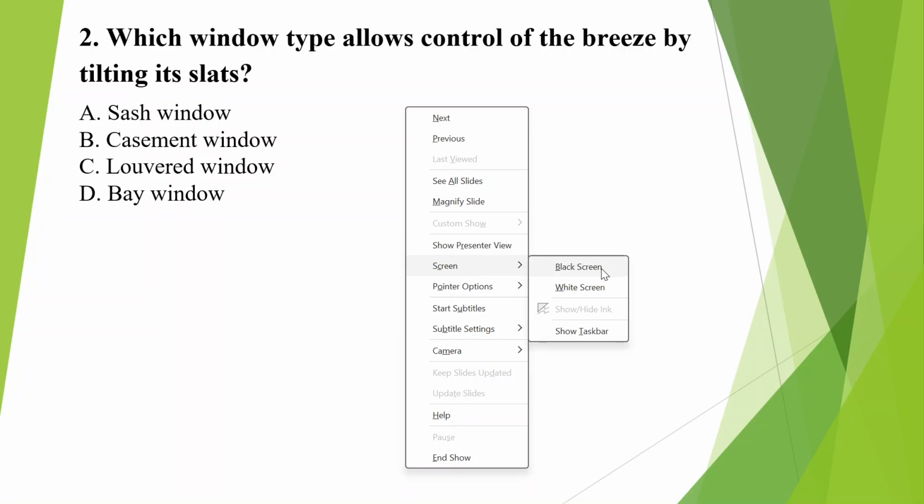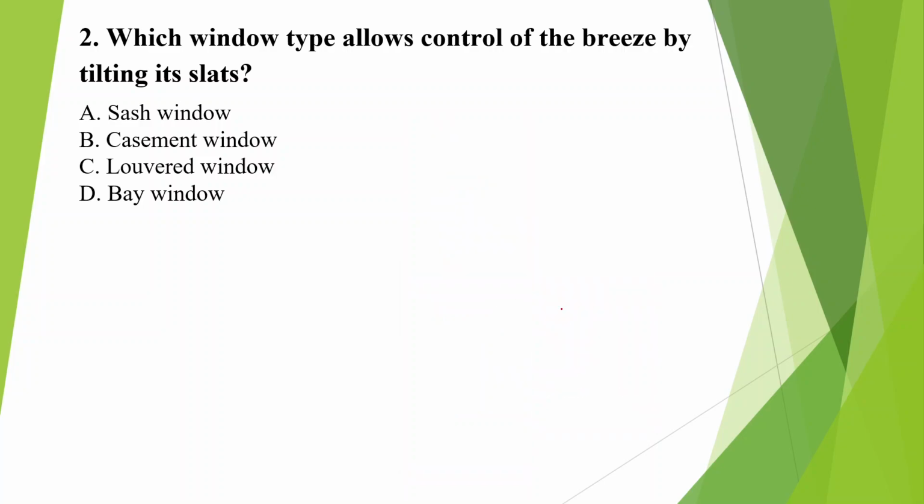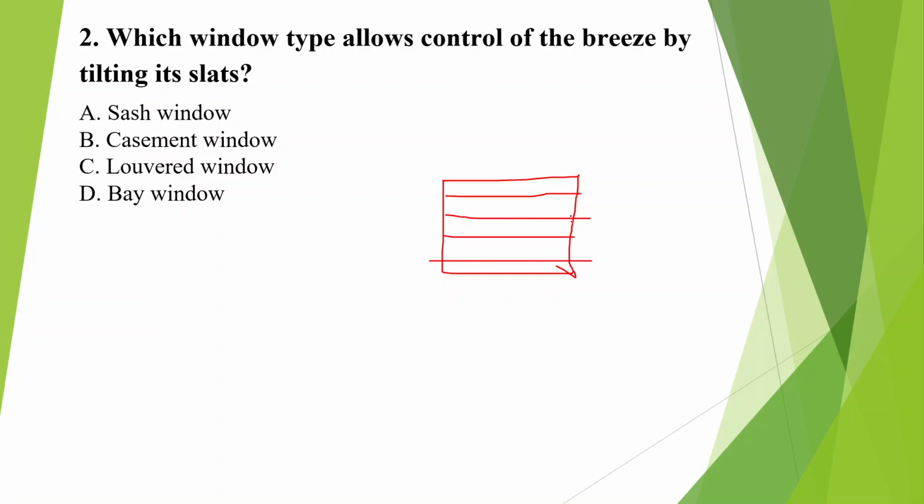Let me discuss it for the people who don't know it very well. In a window, you must have seen that there are levers present, slits you can say, which you can tilt. You can either shut them or open them as per the requirement, and control the breeze with the help of this.